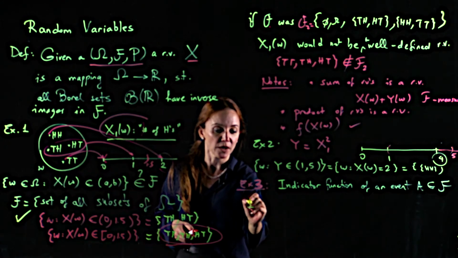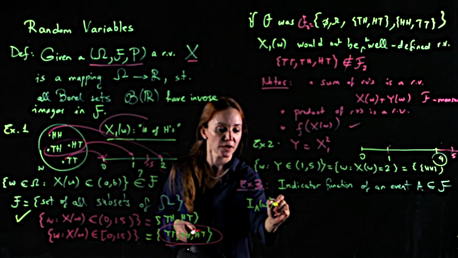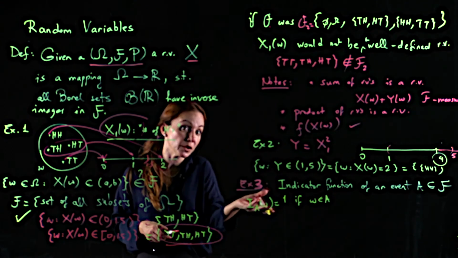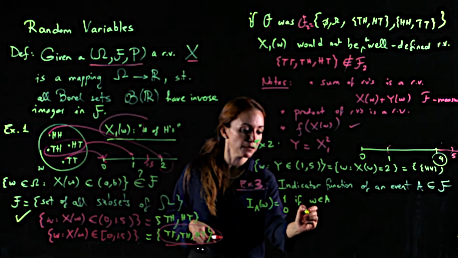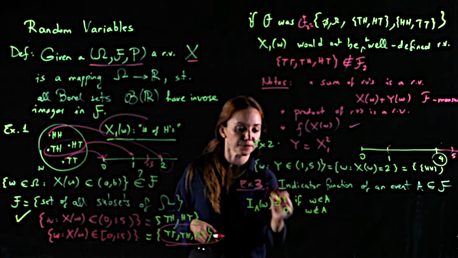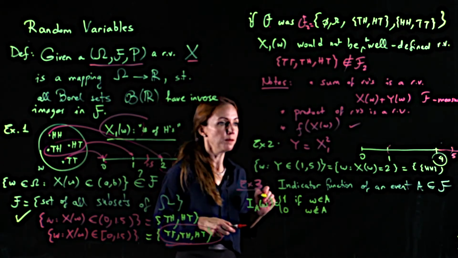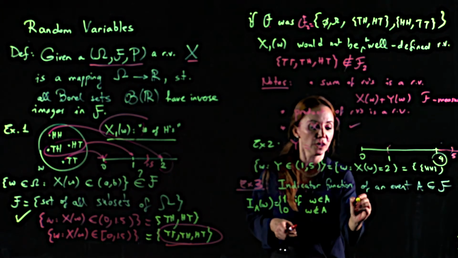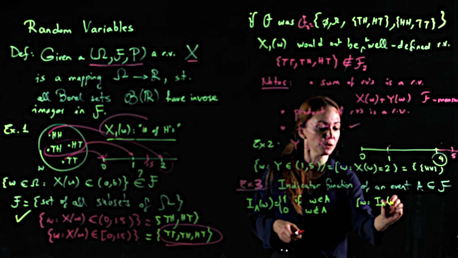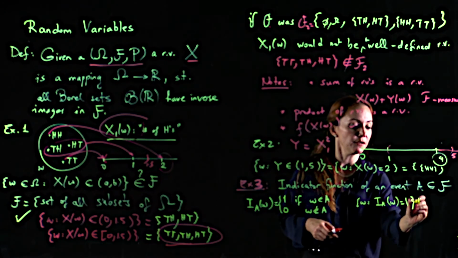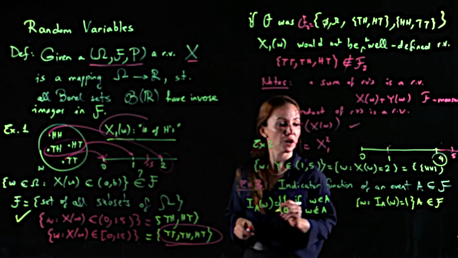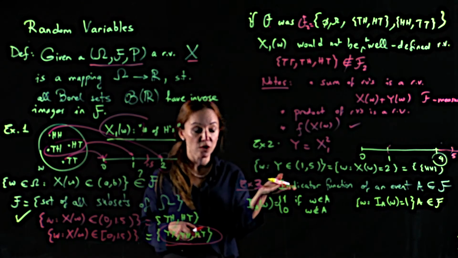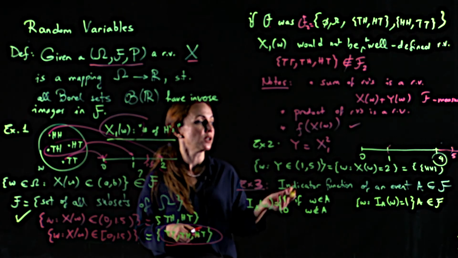So I_A of w is equal to 1 if w is in A, which means A happened, and 0 if w is not in A. Clearly this is a valid random variable because w such that I_A of w is 1 is the event A, which is by definition in F. W such that I_A is 0 is A complement, which is by definition in F, since F is a field.